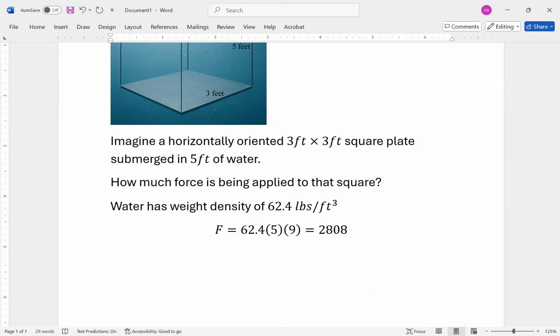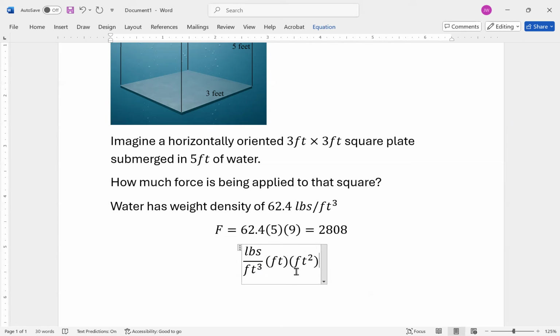By the way, if you keep up with the labels, 62.4 is pounds per cubic feet. The depth, that 5, is in feet, and the area is in square feet.